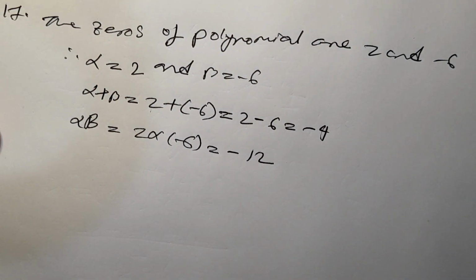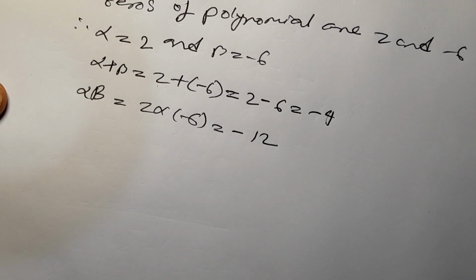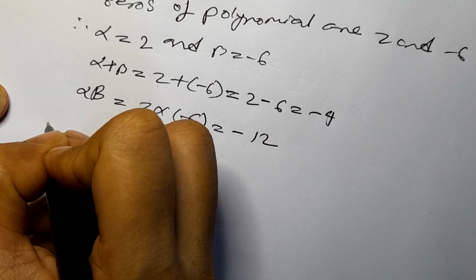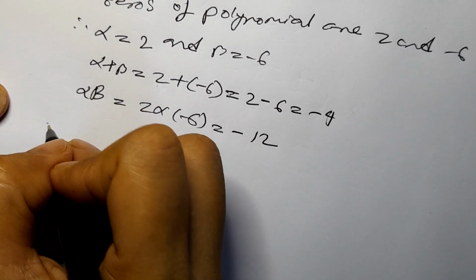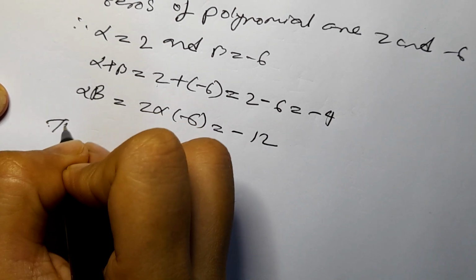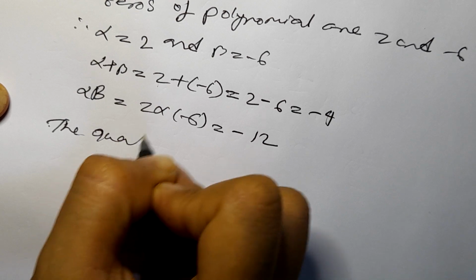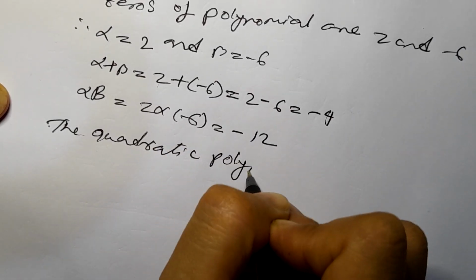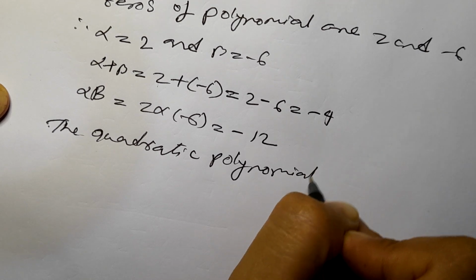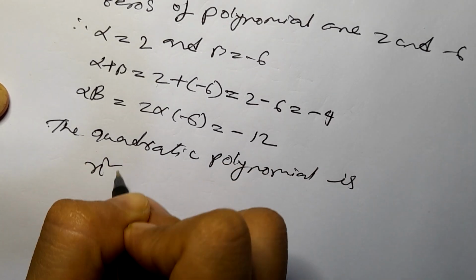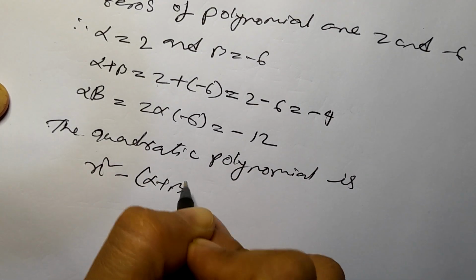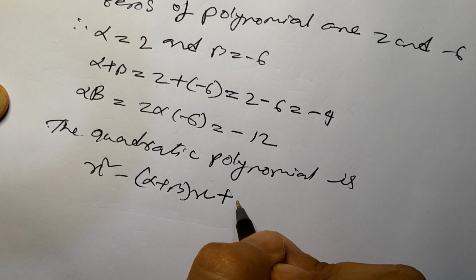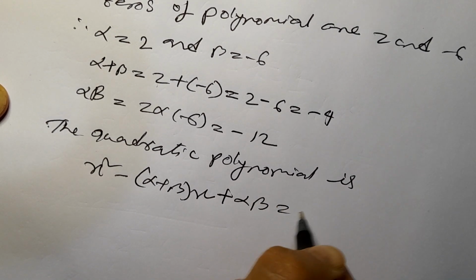Now we can find a quadratic polynomial. The quadratic polynomial is x square minus alpha plus beta x plus alpha beta equal to 0.